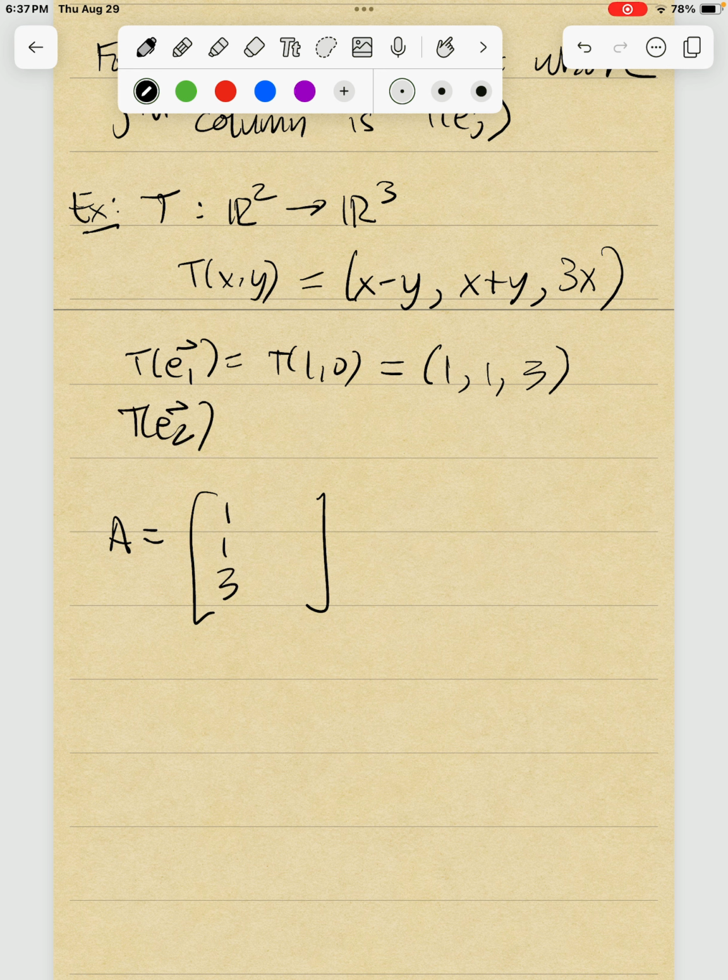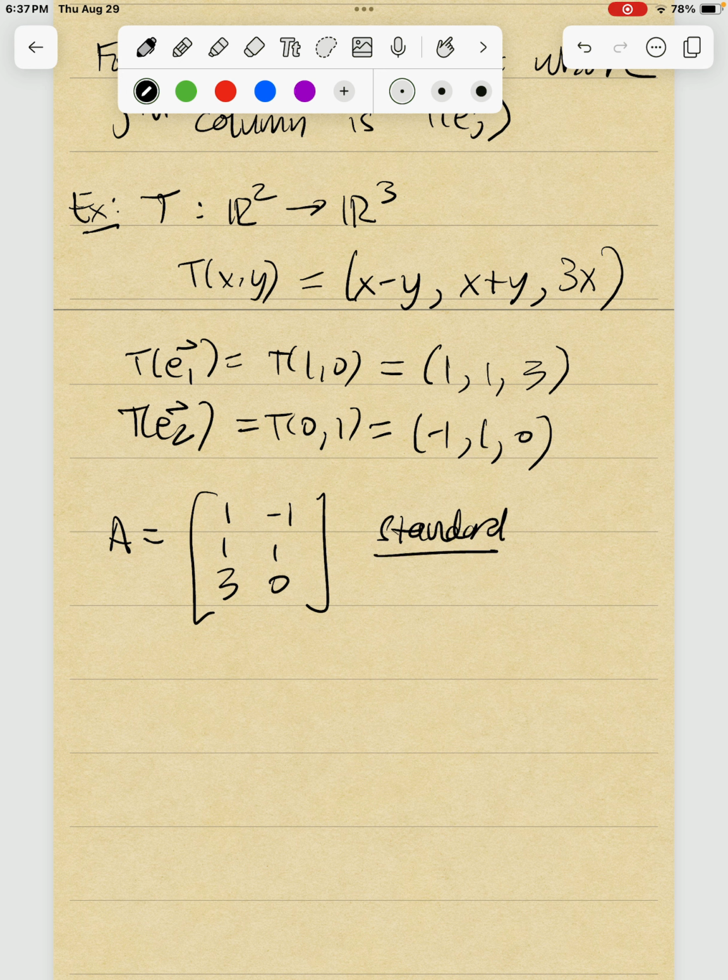And then T of E2 is T of 0, 1, and that's 0 minus 1 is negative 1, 0 plus 1 is 1, 3 times 0 is 0. So the second column is negative 1, 1, 0. That's called the standard matrix of T.